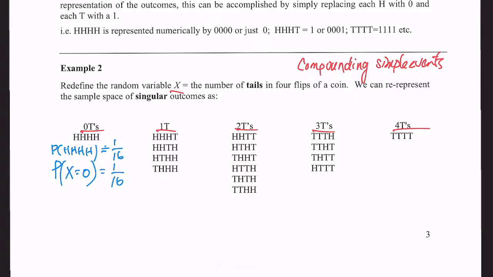Now, if this is the first time you've seen anything like this, and you did learn about the normal distribution, this equal sign might bother you. What we've just done is we've moved into discrete distribution territory. This is a discrete distribution where X can be 0, 1, 2, 3, 4.